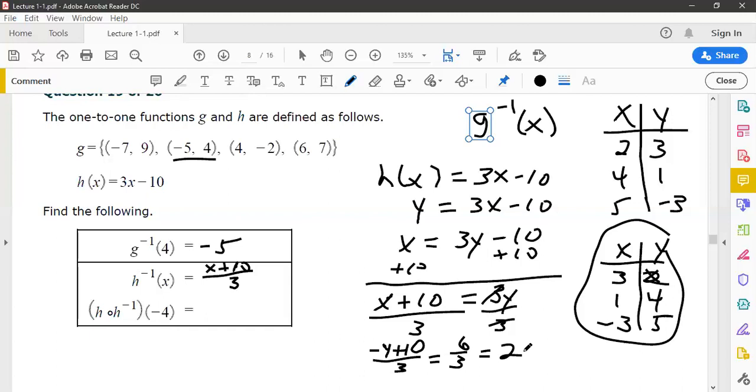Now I take the answer that I just found, and it replaces the x in the h function, the 3x minus 10. So now I have 3 times 2 minus 10, which is 6 minus 10, which equals -4.